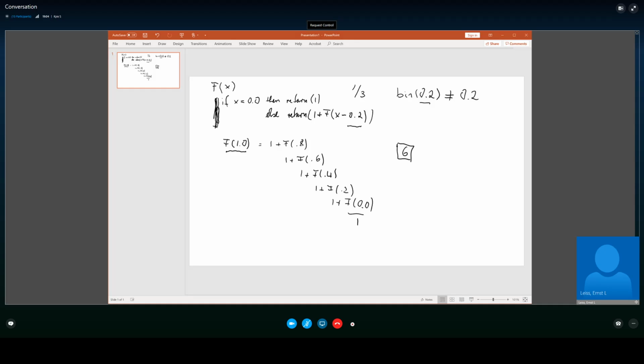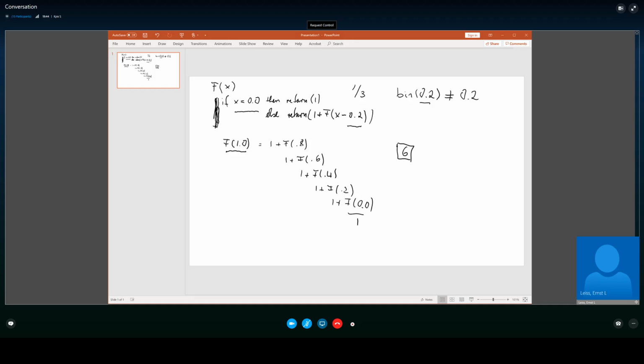So what that means is that you're going to approximate the decimal value 0.2 with a binary number that presumably is as close to the decimal value 0.2, but it isn't exactly 0.2. And so the fact that this is not exactly 0.2 means that we are definitely not going to be able to hit x equal to 0.0.